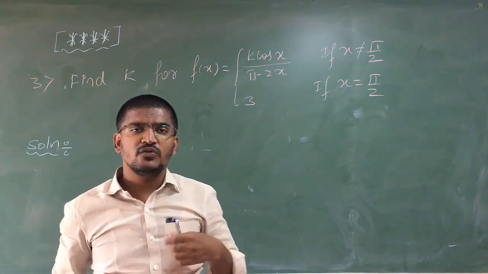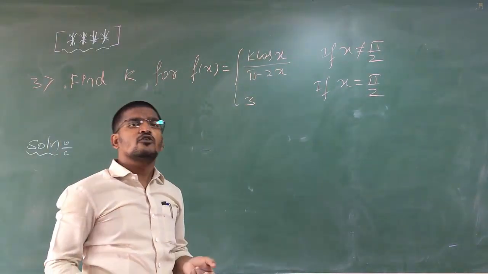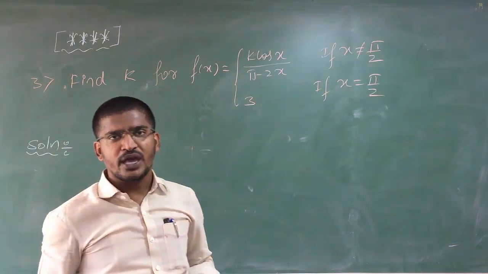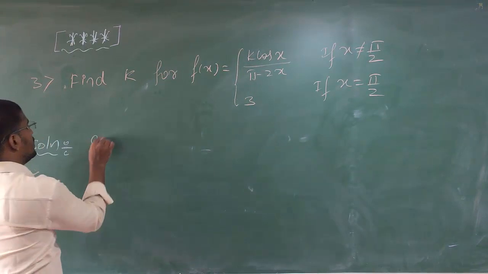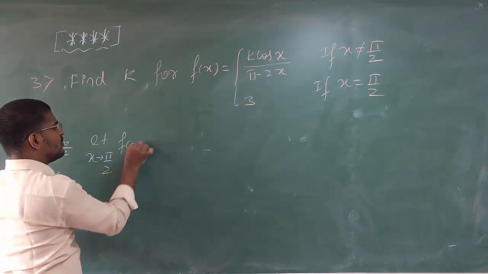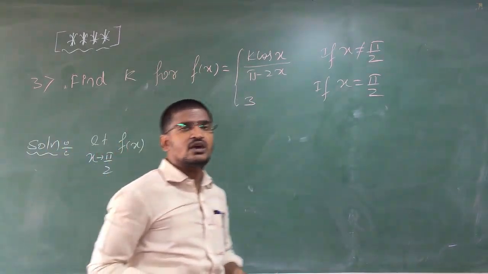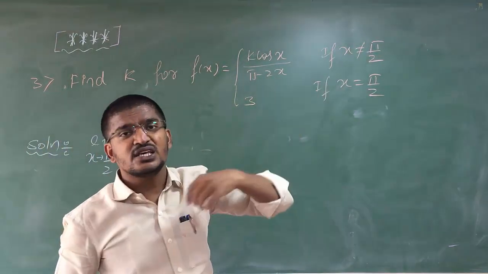So for that reason, we shall not waste time on LHL and RHL. We shall directly go for the limit as x tends to pi by 2 of the given function. I am not wasting time here for LHL and RHL because here inequality signs are not given.